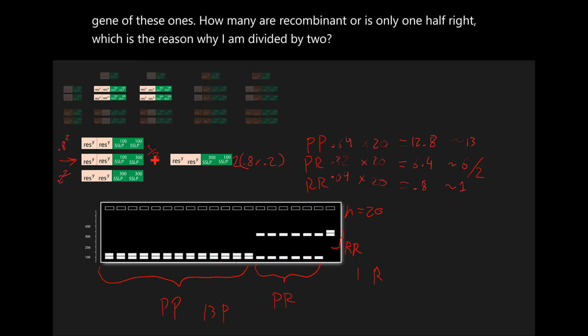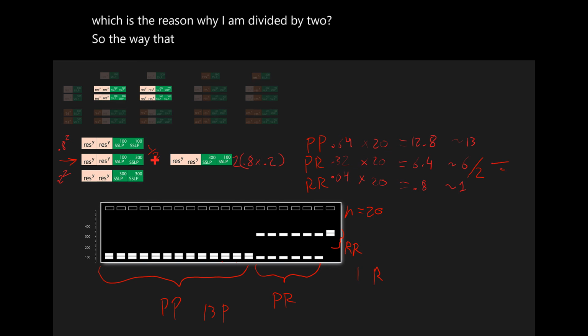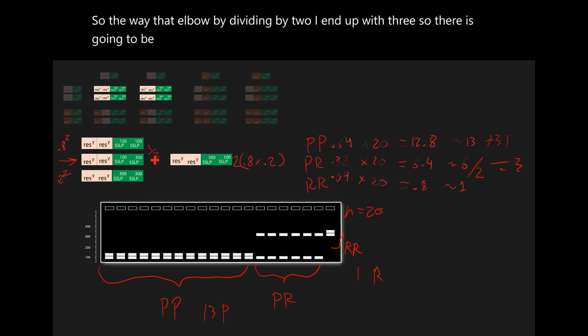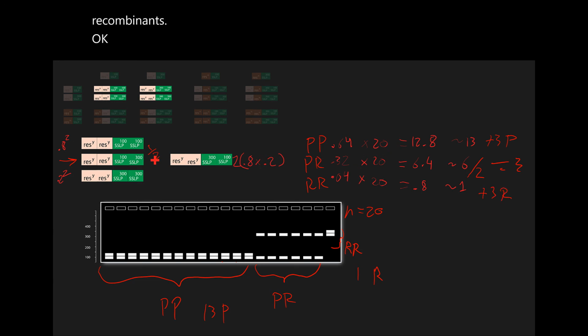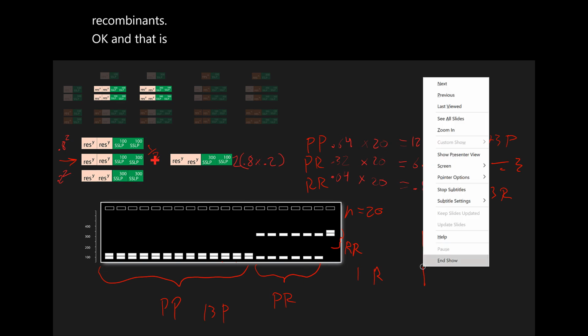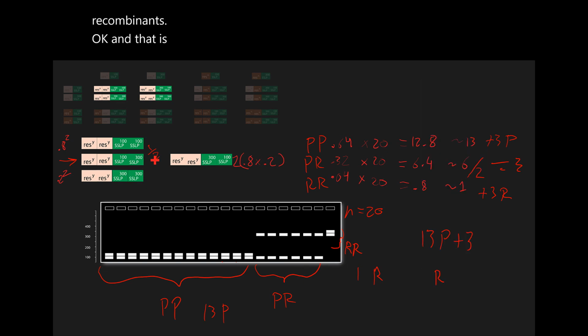By dividing by 2, I end up with 3. So there is going to be an addition of 3 parentals and an addition of 3 recombinants. That is going to give me a total of 13 parentals plus 3 and 1 recombinant plus 3, which equals 16 and 4 parentals and recombinants respectively.